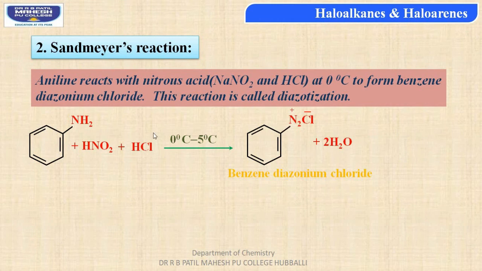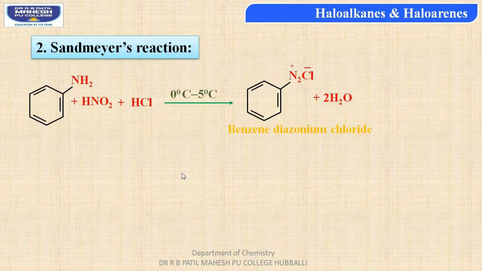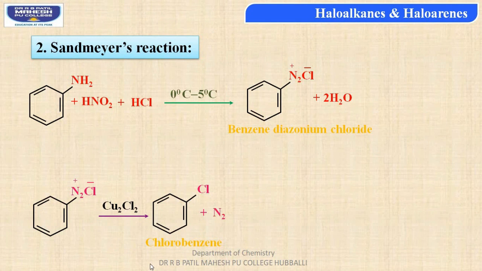And students, in the Sandmeyer reaction, this benzene diazonium chloride is reacted with one reagent, that is cuprous chloride, Cu2Cl2. The diazonium chloride group would be substituted by Cl. As a result, we get chlorobenzene and liberation of nitrogen vapors.